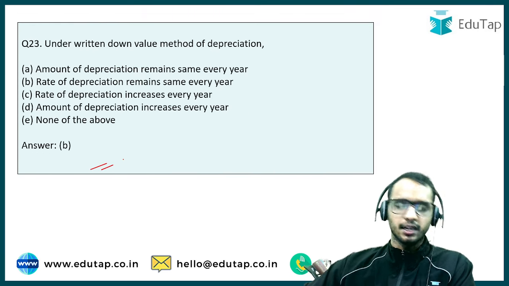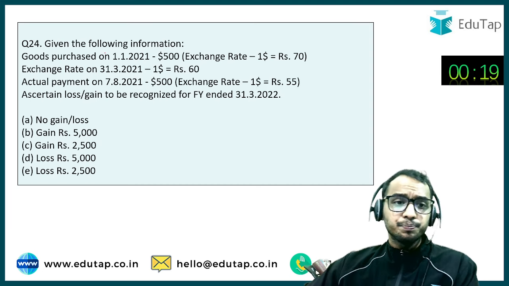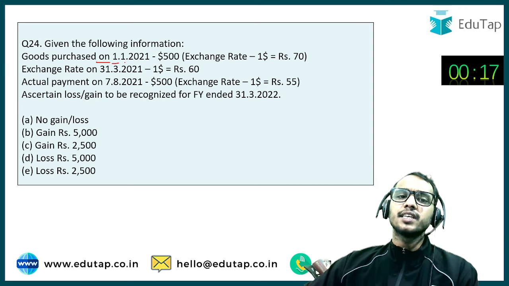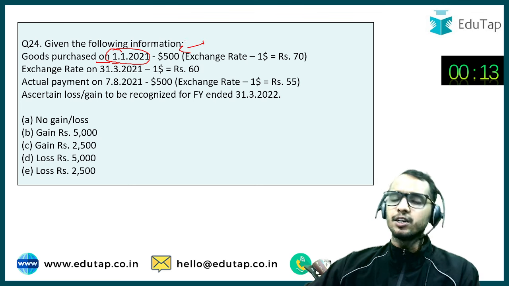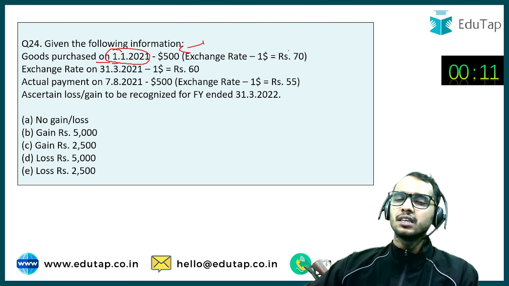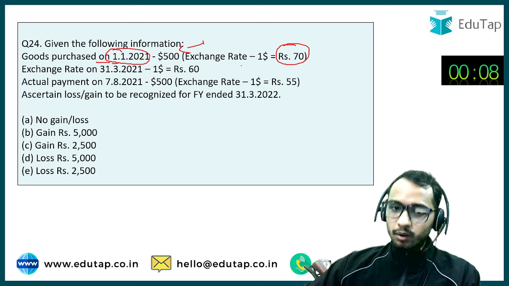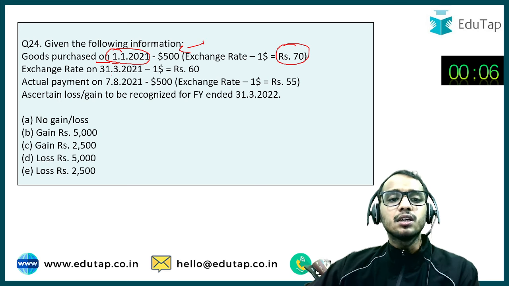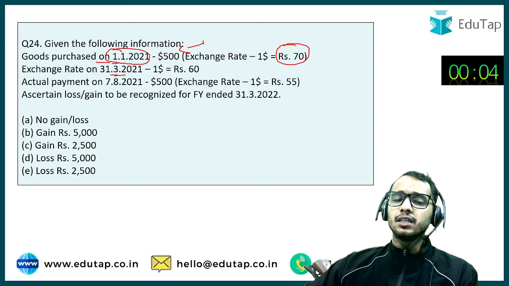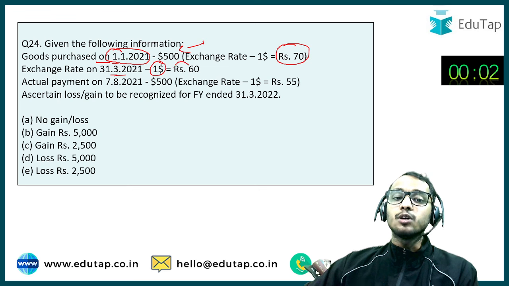Okay, that is correct. Question number 24 says, goods purchased on 1st January 2021, $500, exchange rate is $1 equals 70 rupees. Exchange rate on 31st March 2021 is, first dollar is rupees 60.